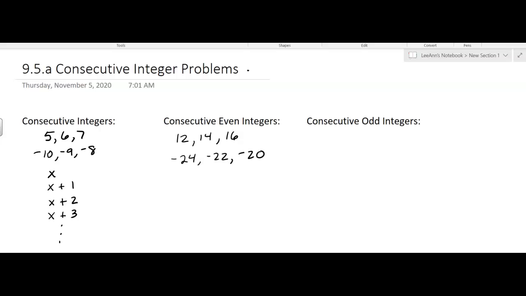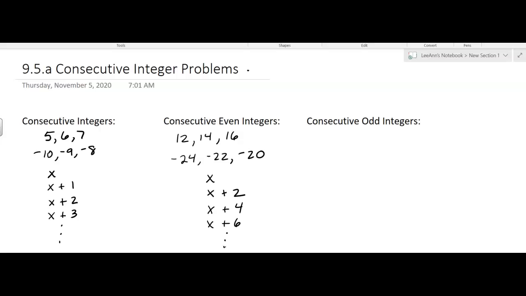So when we set those up, you make the first one x, but then the next one's going to be x plus 2, because you've got to go up by 2 each time. And then the next one would be x plus 4, and then x plus 6, and so on, depending on how many you're talking about. So they'll say, okay, the sum of 5 consecutive even integers or something. Then you want 5 consecutive even integers. But they'll tell you in the problem.